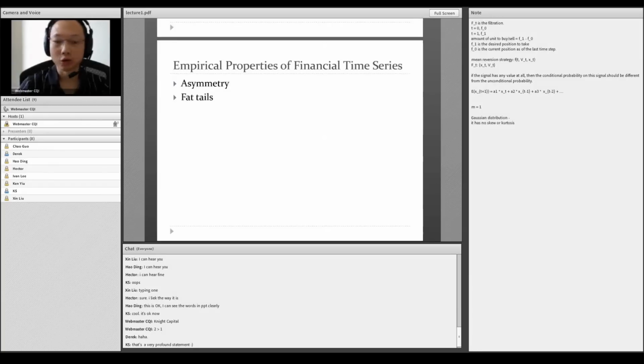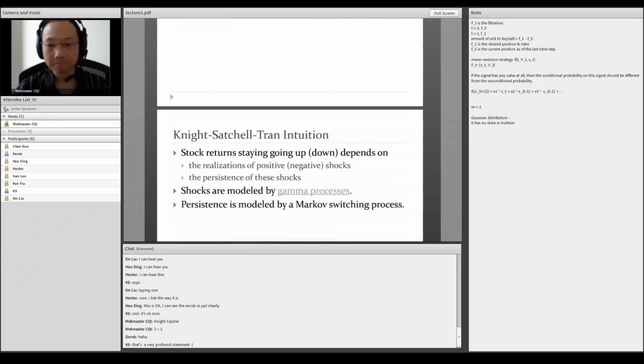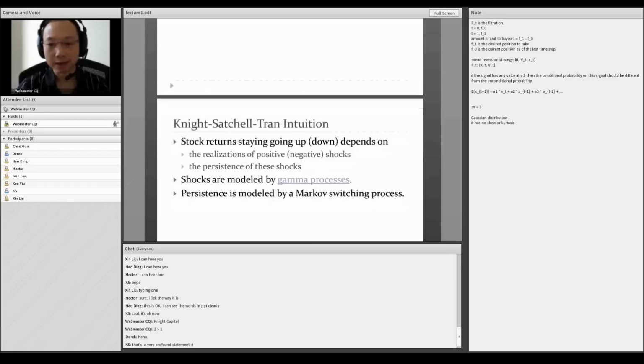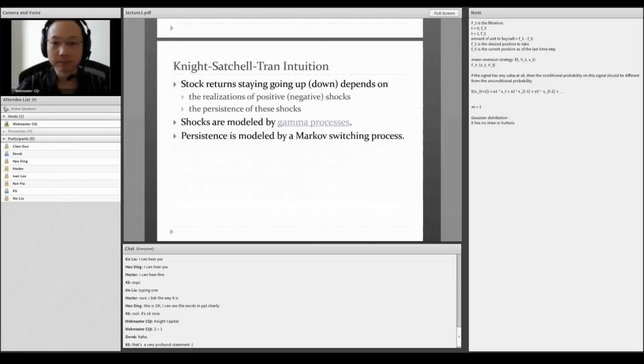So we want to model financial asset returns using a better distribution that has skewness and kurtosis. In other words, we want a distribution for financial assets that is asymmetric and models fat tail events properly. That's the KST distribution that we're going to discuss now.